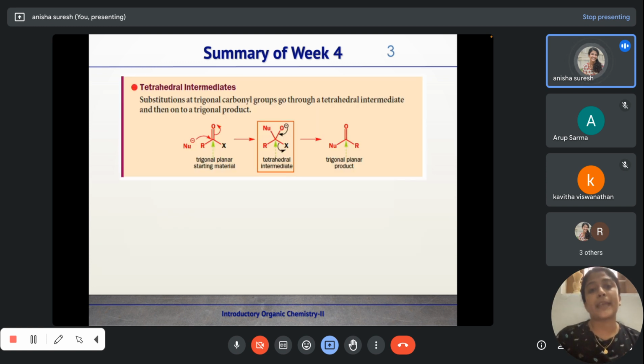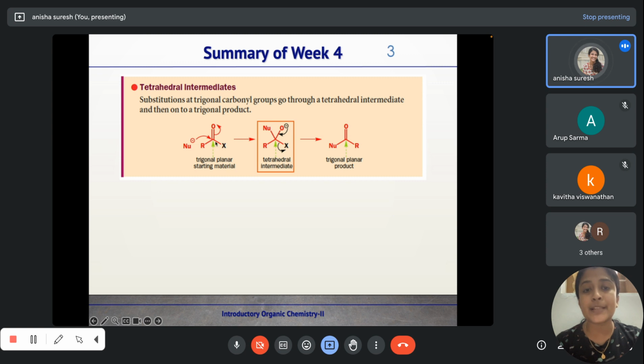Then we have seen the mechanism for nucleophilic addition to carboxylic acid derivatives. Nucleophilic addition followed by substitution takes place here. First, a tetrahedral intermediate is formed by attack of the nucleophile on the trigonal carbonyl group.